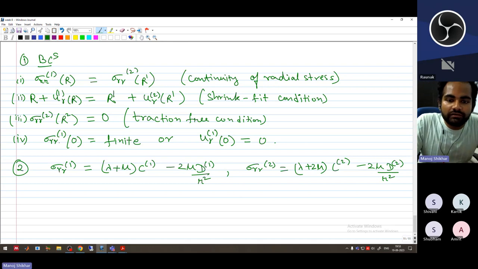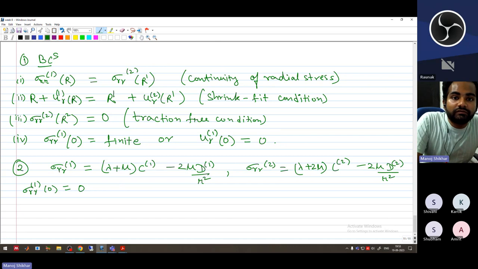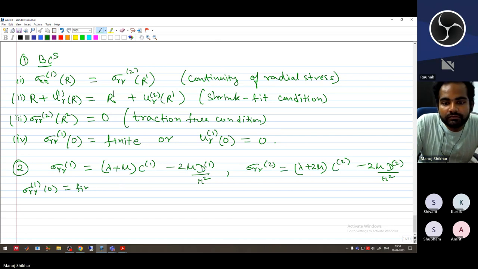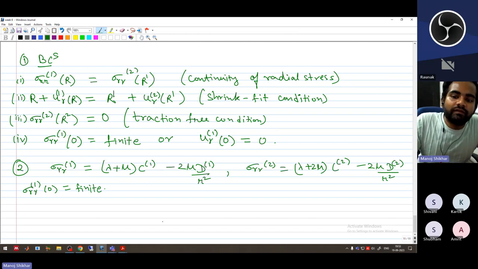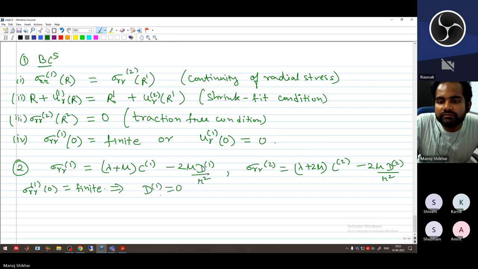We know that sigma RR1 at 0 should be, sorry, not 0, finite. If we put R equal to 0 in this equation, it will become infinite. This means that D1 is 0.